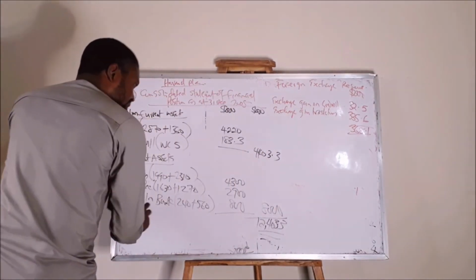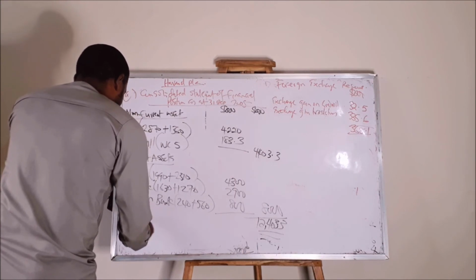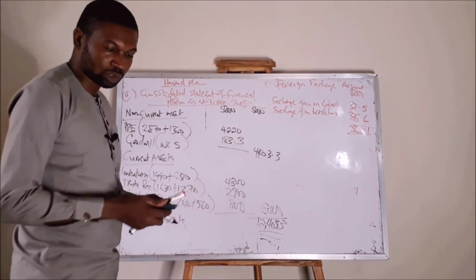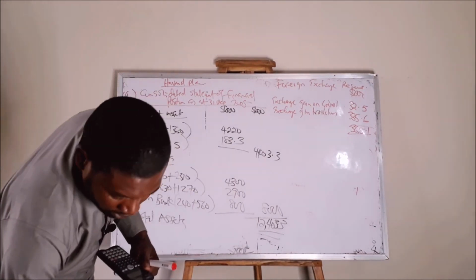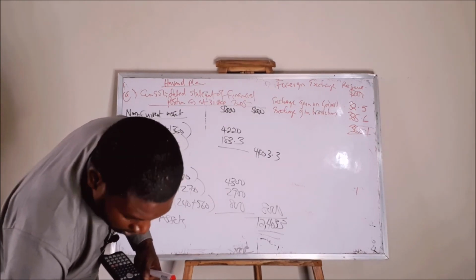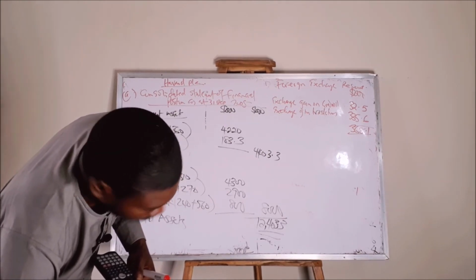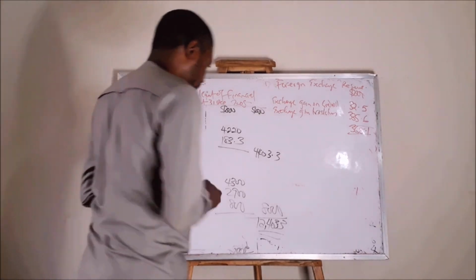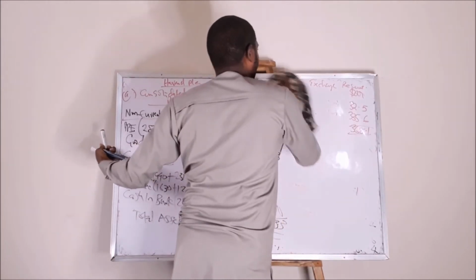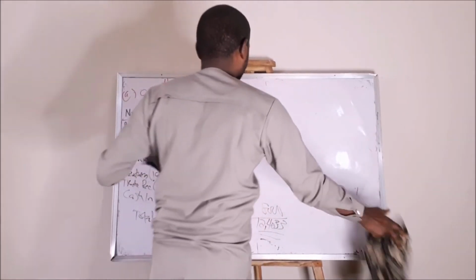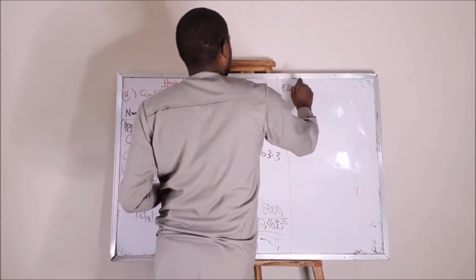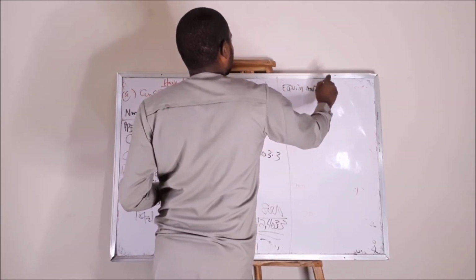So total asset must be the same as equity and liability. Total asset must be the same as equity and liability. So let's go and look at equity and liability.